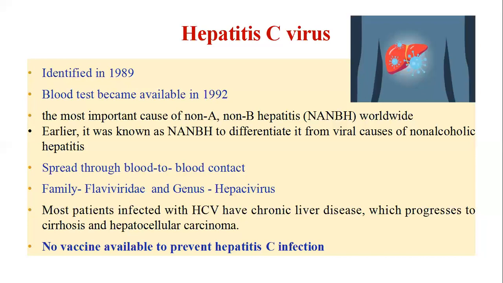Most patients infected with HCV have chronic liver disease, which progresses first to fibrosis, then cirrhosis, and then hepatocellular carcinoma, that is called HCC. And the most alarming fact is that to date, no vaccine is available to prevent hepatitis C infection.